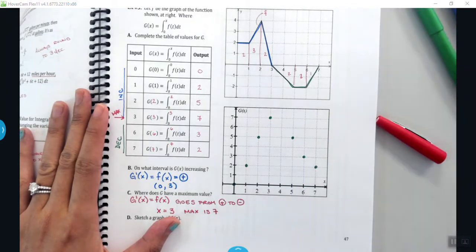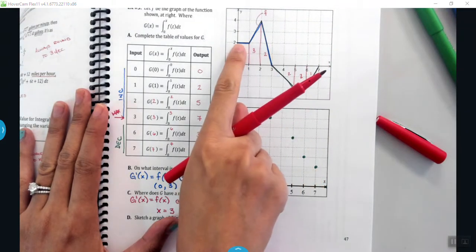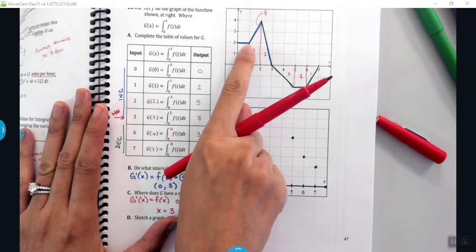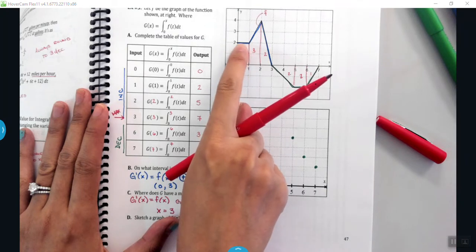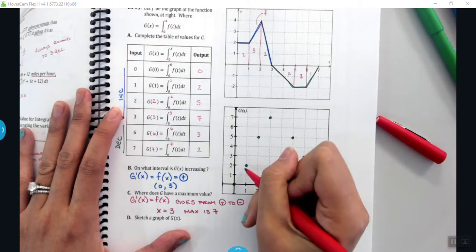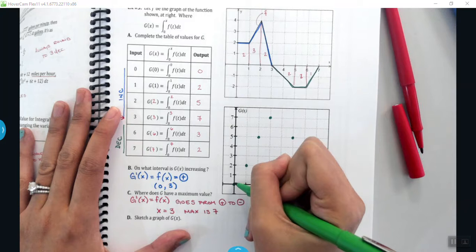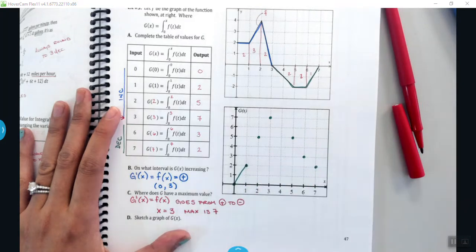But now let's talk about concavity. When my first derivative has a slope of 0, then what kind of concavity do I have? 0. So this right here is a straight line. So from 0 to 1, I have no concavity. It's a straight line.